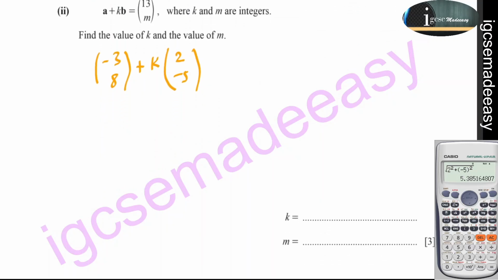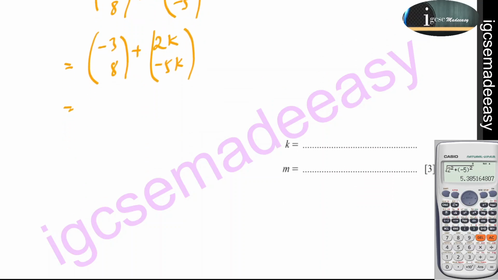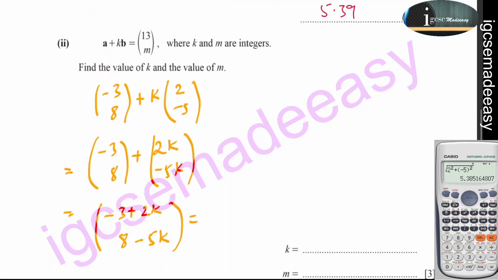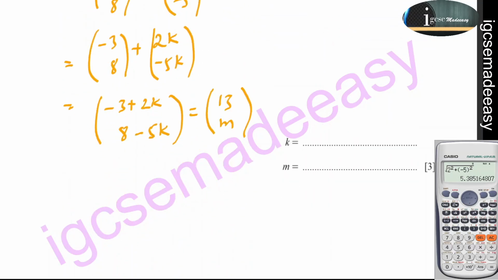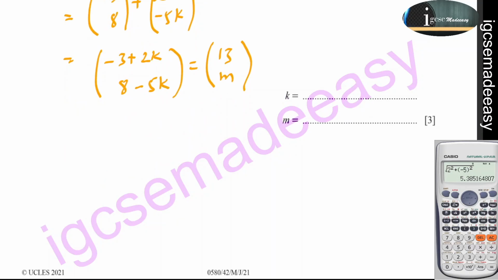So (-3, 8) plus (2k, -5k). When we add this together, it will be (-3 plus 2k, 8 minus 5k), and these are equal to 13 and m, right? So we can equate it to get the value of k and m.